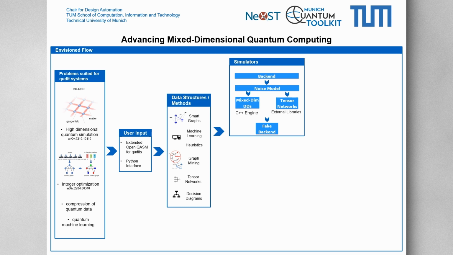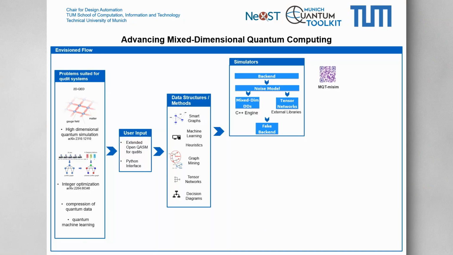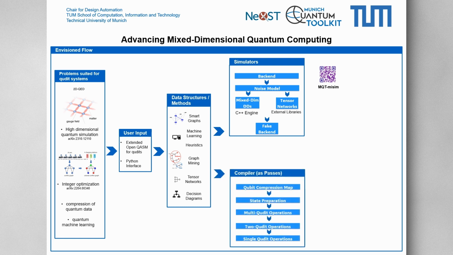We have also added the possibility of creating noise model specifications and also fake backends in order to simulate your quantum circuits with realistic error rates. Here you can see the reference to one of our contributions. In our flow, we also have a compiler made of passes that could potentially guide a user in the compilation of qubit circuits into a qudit machine, or in the task of state preparation, entangling operations compilation, single qudit operations compilation.